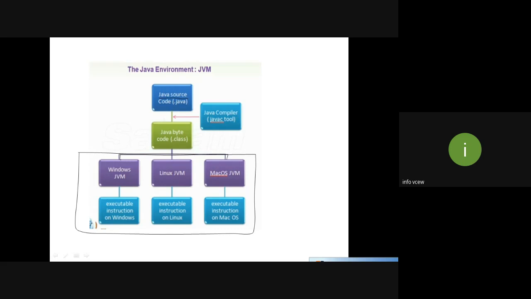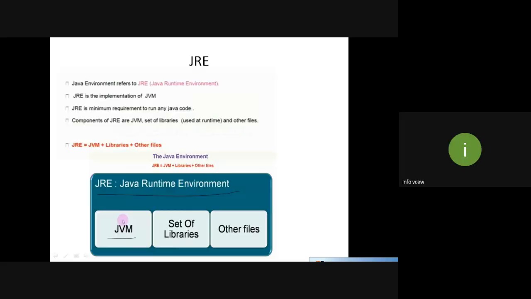So the Java bytecode is distributed to many platforms. Java bytecode is common to all platforms. Each and every JVM converts the bytecode into executable code. Can you clear about this?